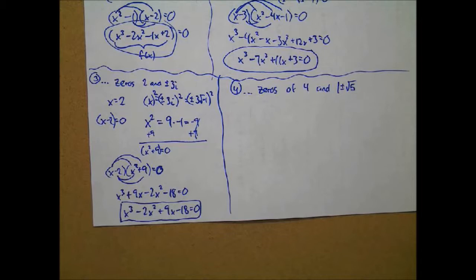Yes. So with the 1 plus or minus the square root of 5, you move the 1 over first. You want to isolate the square root first, then square both sides. So move the 1 over first.